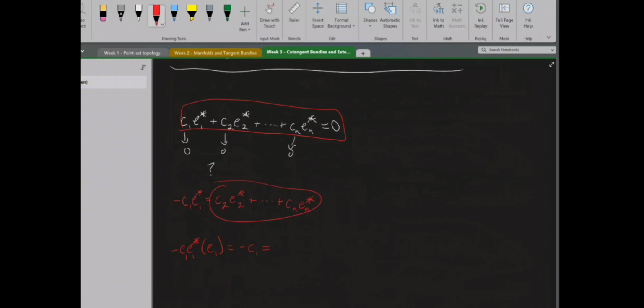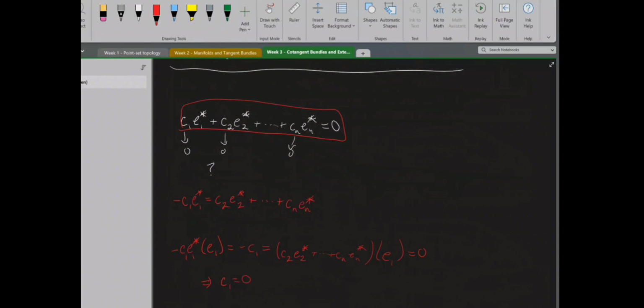But what that means is that this thing has to eat e1 and produce negative c1. So c2 e2 star plus dot dot dot plus cn en star, plugging in e1 should be equal to negative c1. But we know that because there's no e1 in here and everything else is just ei, where the i is not 1, this is 0. So what that means is that c1 is negative 0 or c1 is 0.